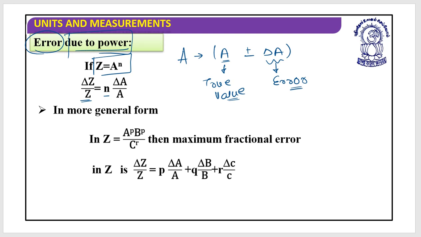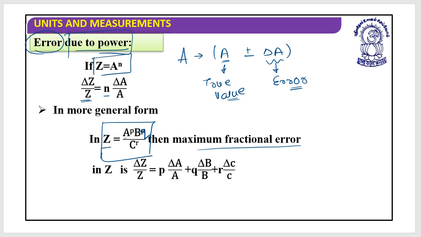Let's look at it in a more general way. Suppose we have been given that z is equal to a to the power p, b to the power q, and c to the power r, and I need to find the maximum fractional error. I can write delta z by z.